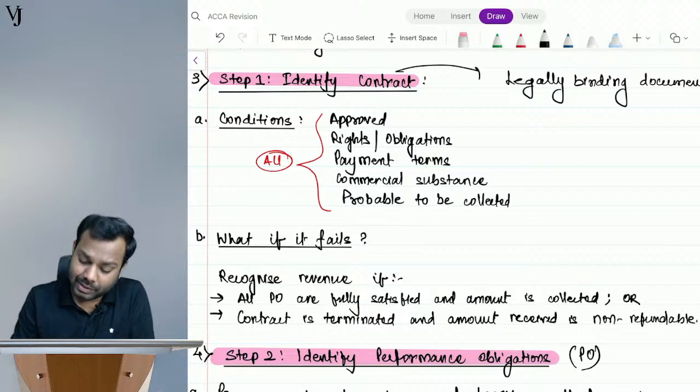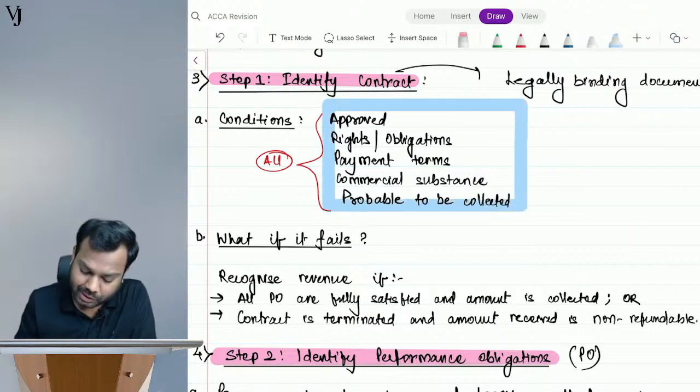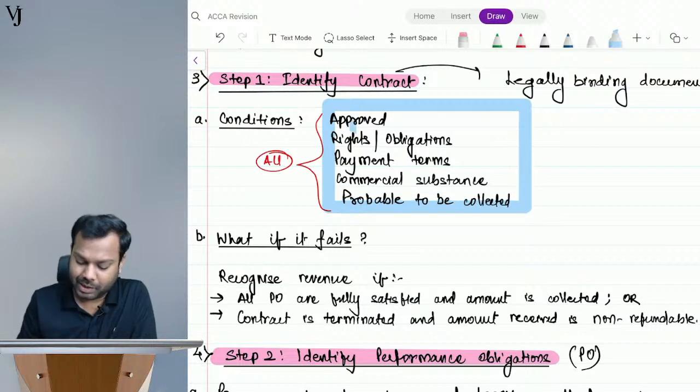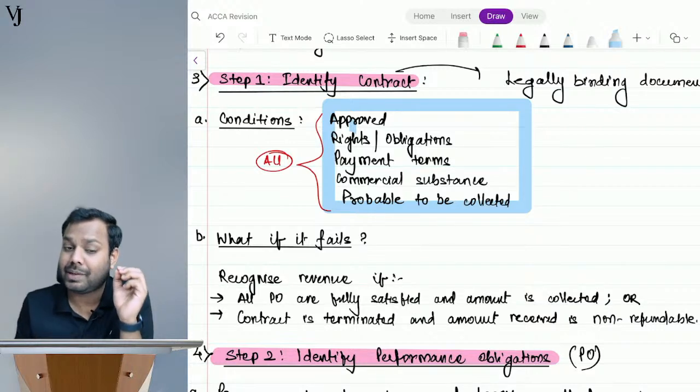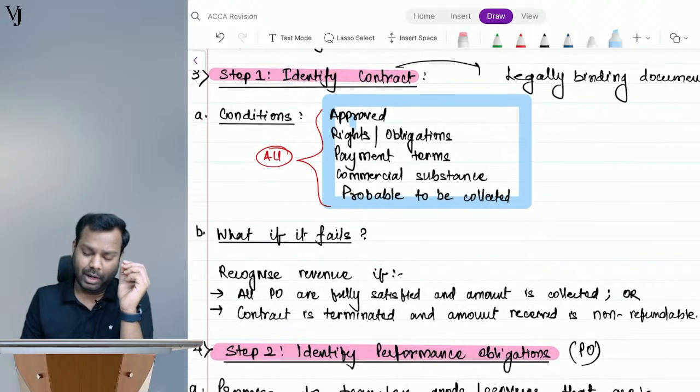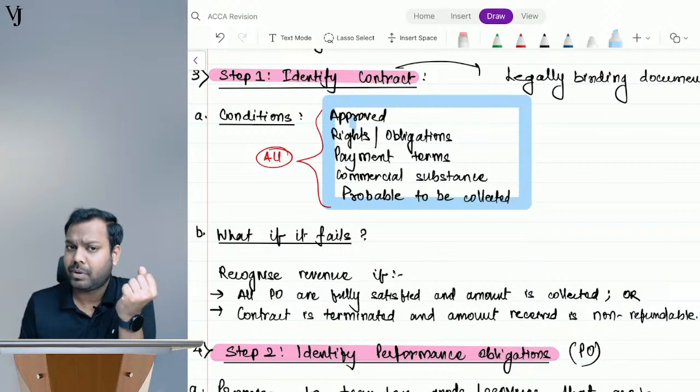So the standard says that these 5 conditions need to be satisfied to classify that a contract exists. Now comes the question: what if it fails? It can so happen.